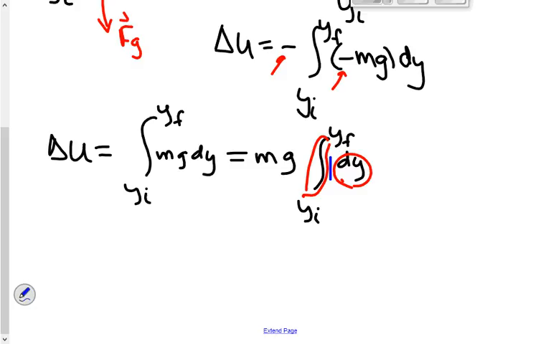But in this case, it won't be x, it'll be y. So I still have my mg hanging out front. When I do my integral, I get my y, but because this is what we call a definite integral, I need to evaluate it between my limits of y initial and y final.